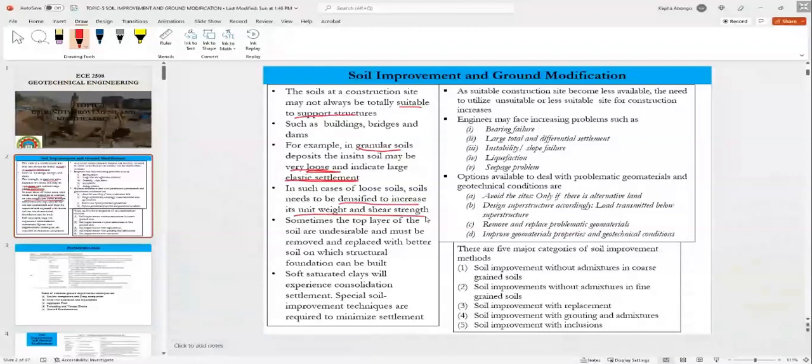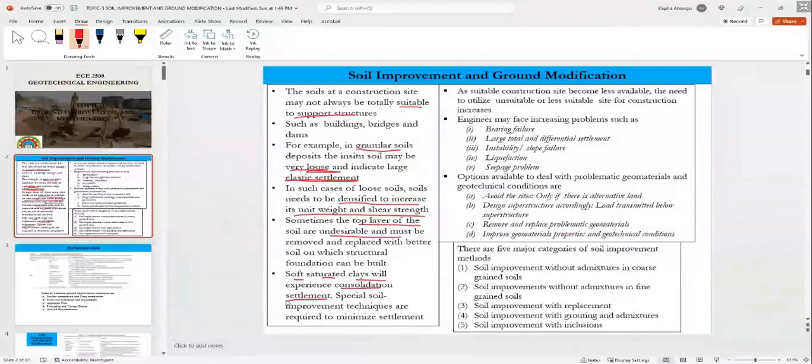Now, in most cases, the soil is undesirable and must be replaced. Now, Humphrey, this is the point I'm talking about. Soft, saturated clays will experience consolidation settlement. Soft clays.